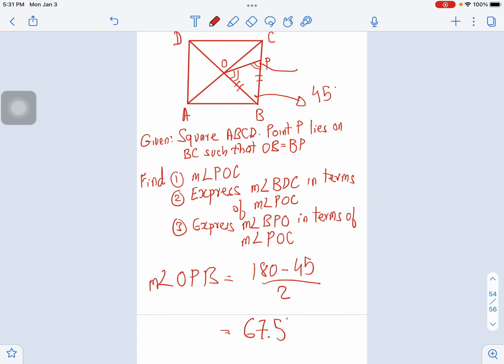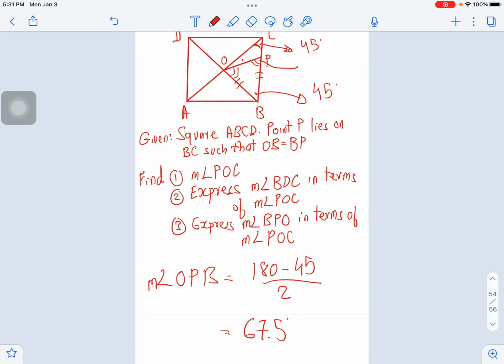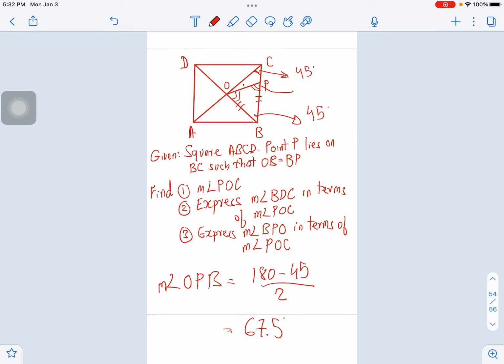This angle is the sum of the two remote interior angles, which is angle POC and the angle OCP, which is this angle, right? Now OCP is a 45 degree angle. This is a 45 degree angle, right? Isn't it?